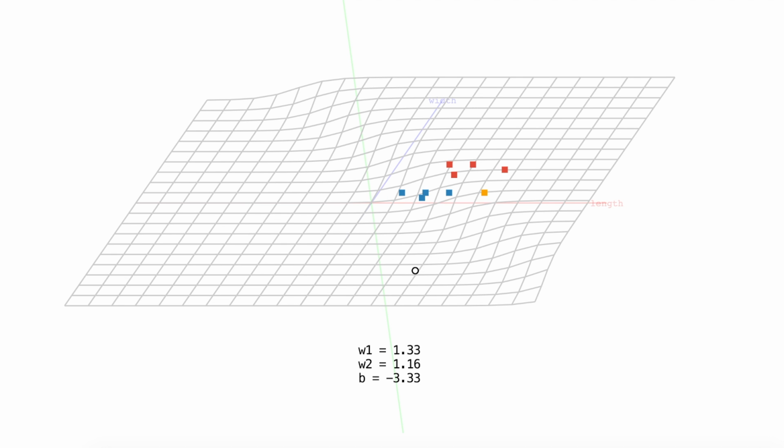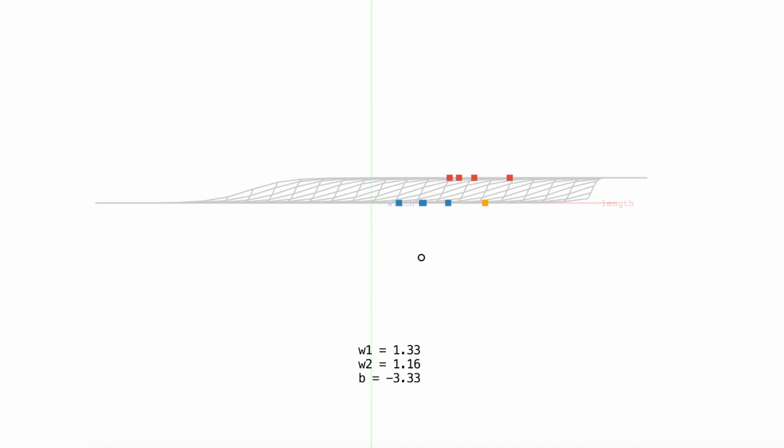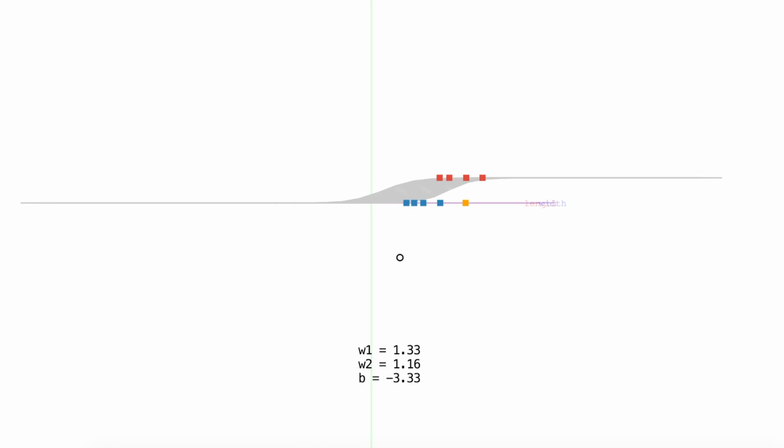And let's take a look here. It's going to be kind of hard to tell. Oops, it looks like we need to move a lot more over here with B. And the larger our weights are, the stronger the slope of our function, our neural network, is going to be.